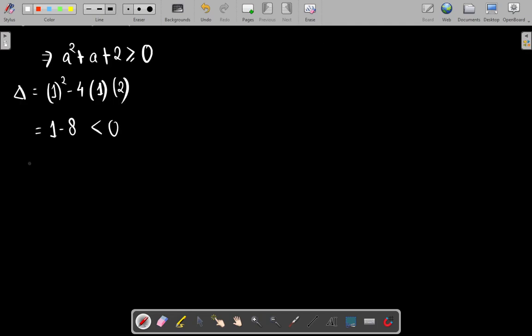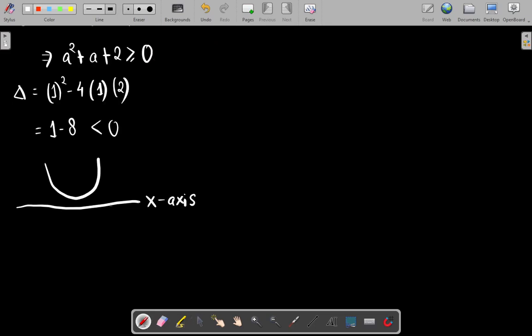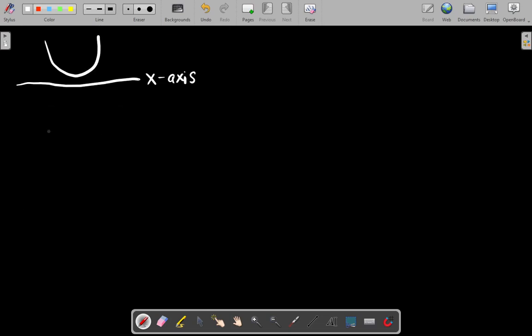This means the curve of this expression will always lie above the x-axis, so the expression is always positive. So a square plus a plus 2 greater than or equal to 0 is true for all real a.